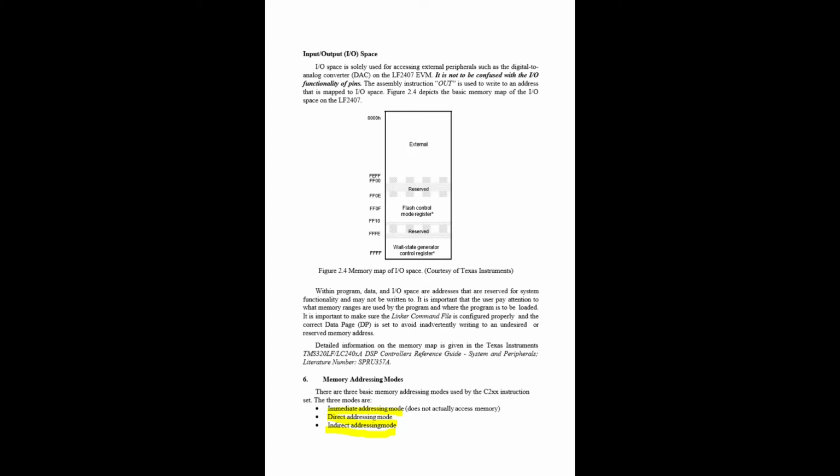In order to get the actual data, we need the address. In order to get the address, we need to get the corresponding auxiliary register from AR0 to AR7. Any auxiliary register can carry the memory location where you can get the data.